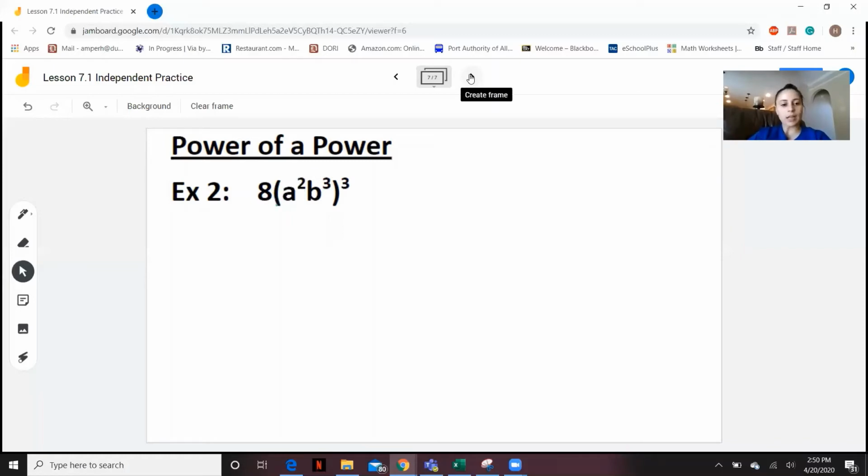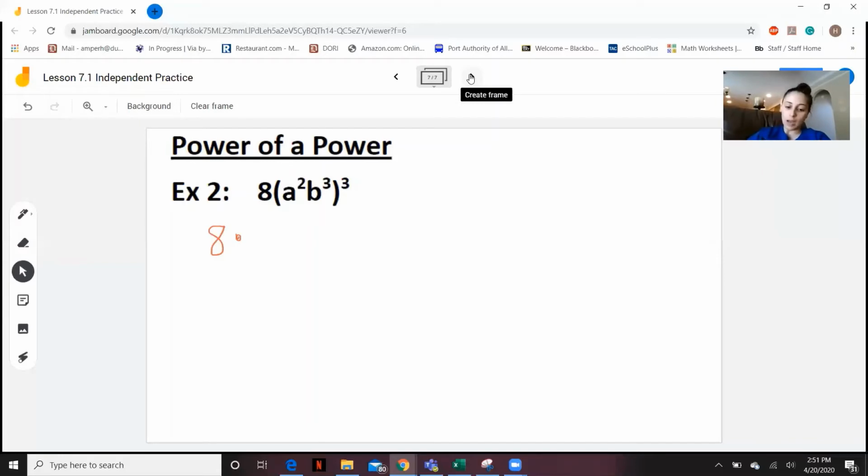This 8 is not being raised. So do not include that 8 when you're cubing it. Instead, you can just leave that 8 out in front. And again, we're multiplying, okay? Whenever numbers are right next to each other and there's not another symbol in between, there's not like an addition sign or a division sign or subtraction sign, then you're multiplying.